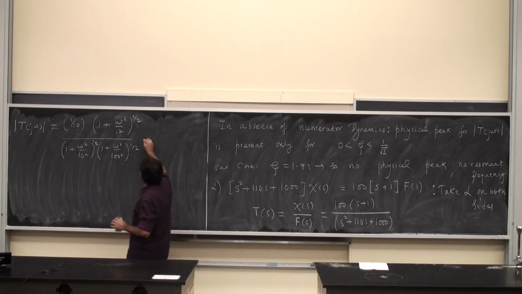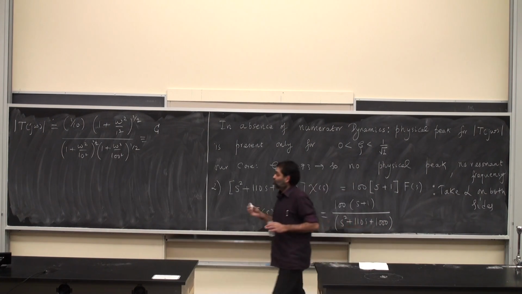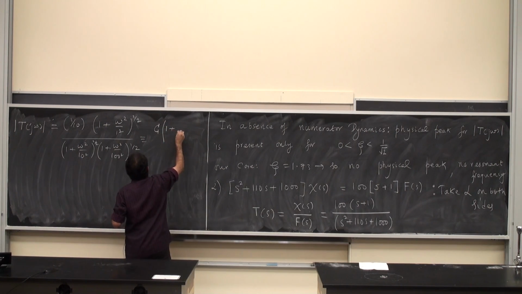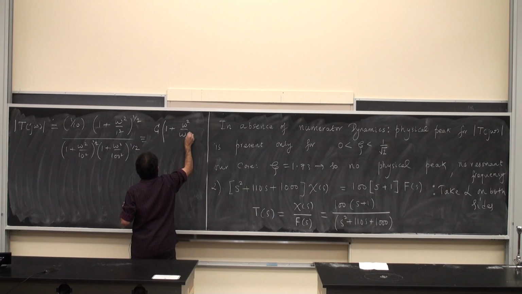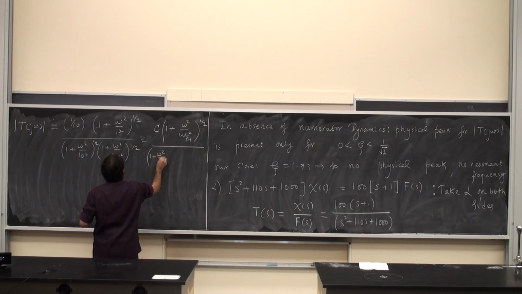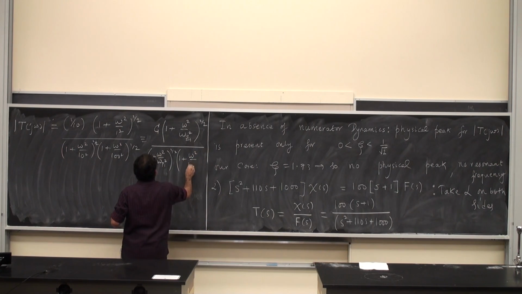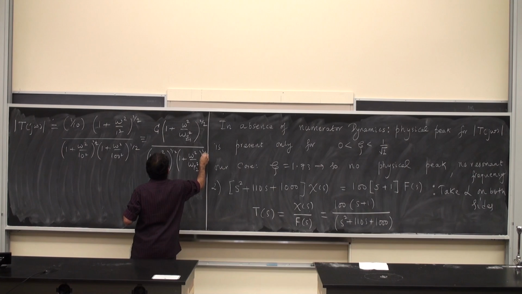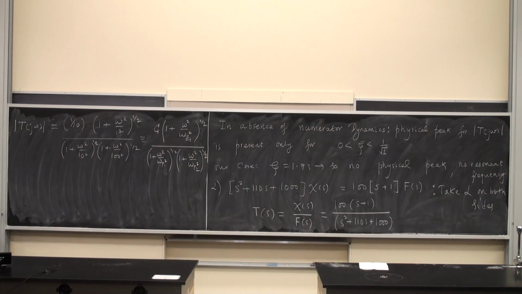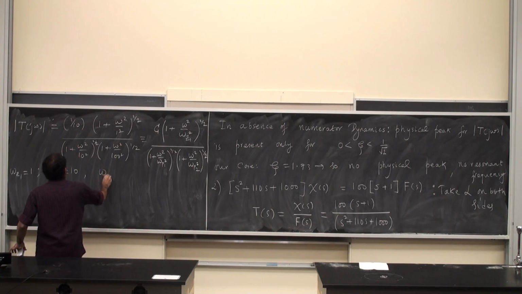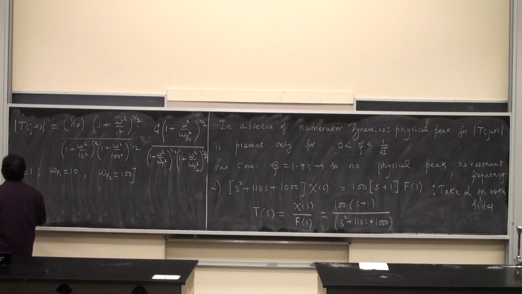This is equivalent to the DC gain, the constant C, 1 by omega square plus omega z1 square, 1 by 2, omega p1 square, 1 by 2. Compare: omega z1 is 1, omega p1 is 10.